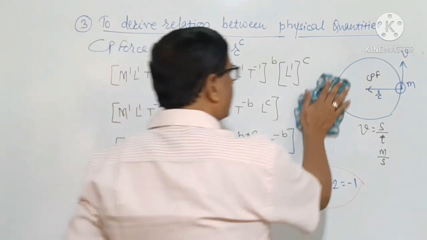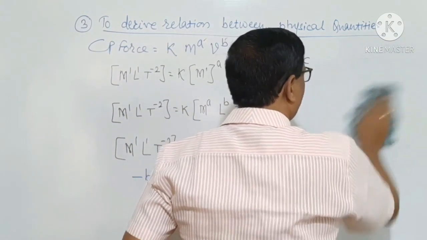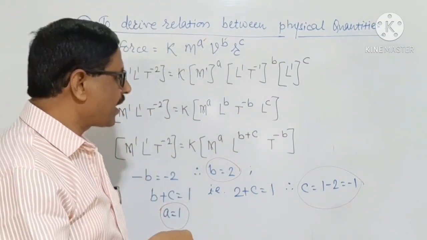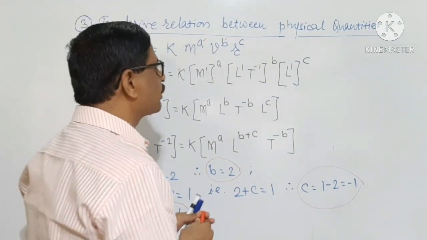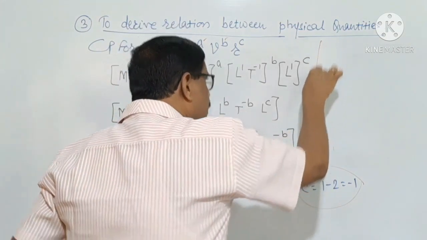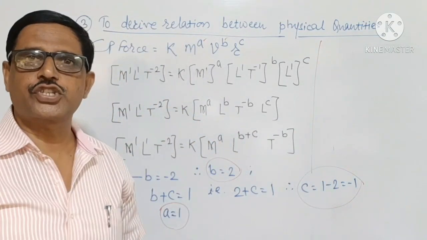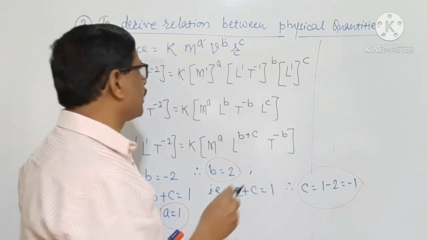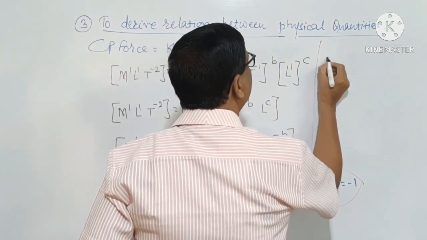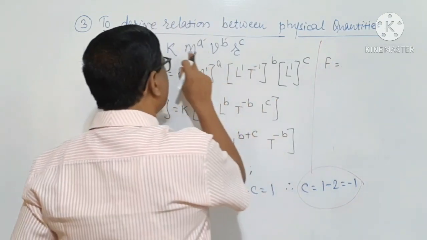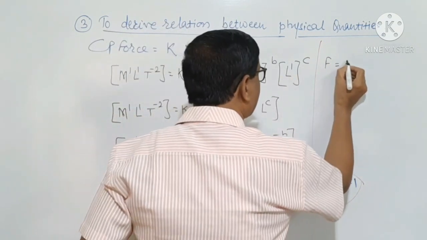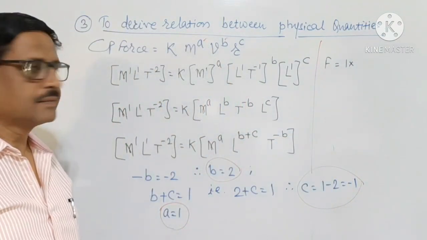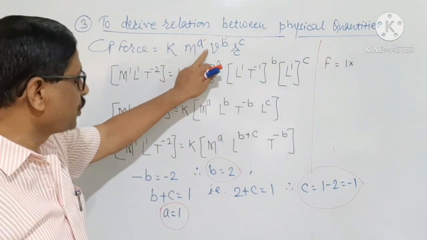Using these relations, we are able to derive the equation for the force in a circular motion, that is the centripetal force. What is the centripetal force equal to? Centripetal force F is equal to the constant of proportionality, experimentally found, its value is 1, times m raised to a.